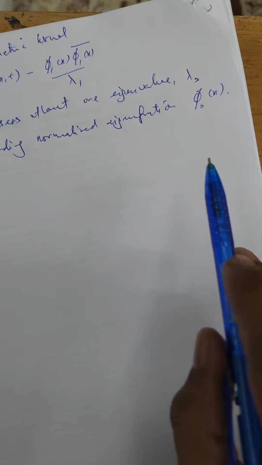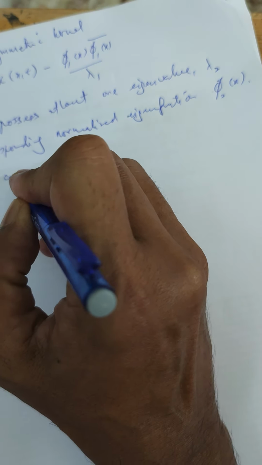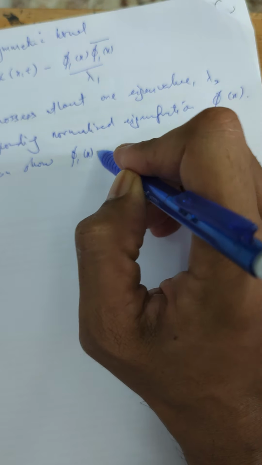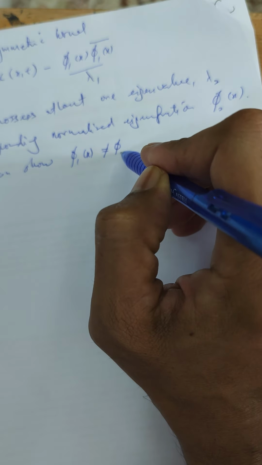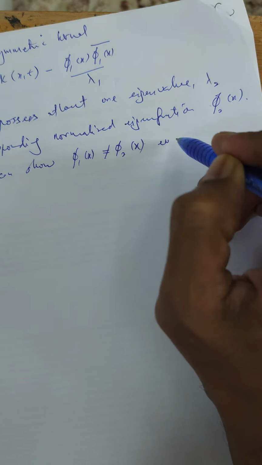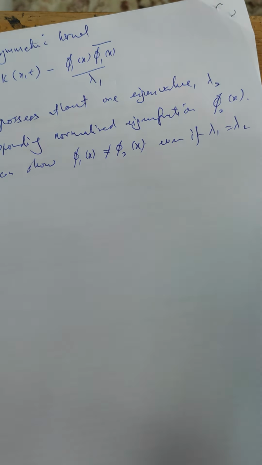Well, in this case, we can show that phi 1 x is different than phi 2 x, even if lambda 1 equals lambda 2.